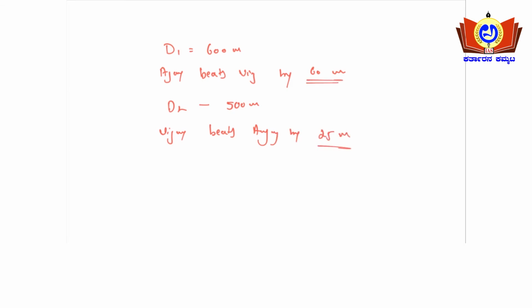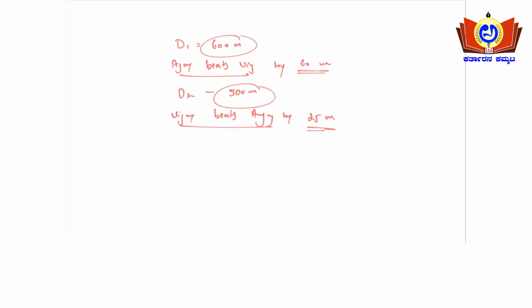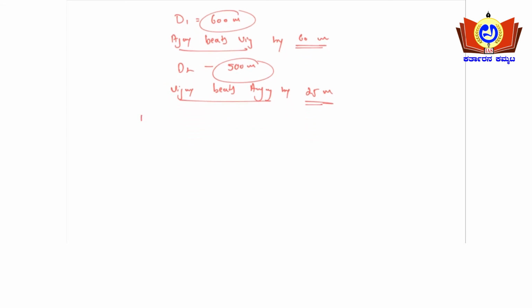This is 60 meters, 25 meters. Ajay beats Vijay, Vijay beats Anjay. D1 is 60 meters and D2 is 25. So what is the question? By how many meters does Ajay beat Anjay in a 400 meters race? This is the question here.